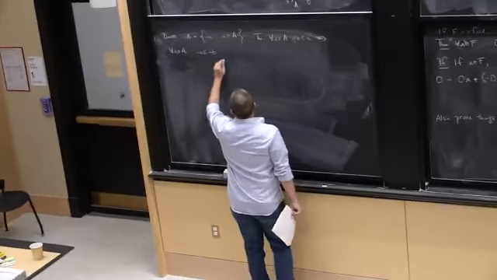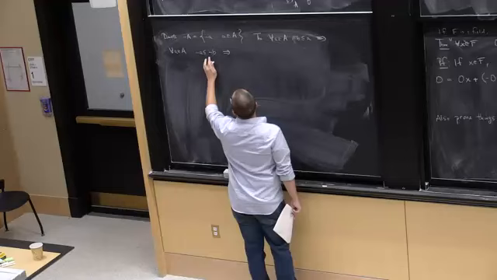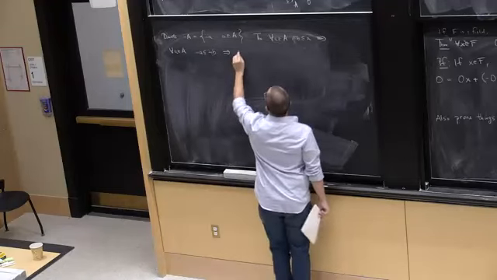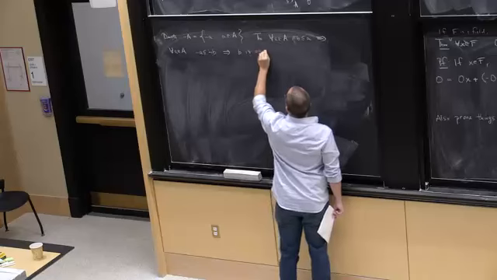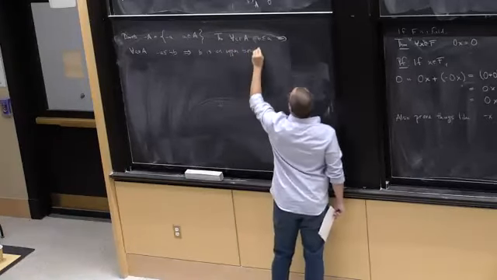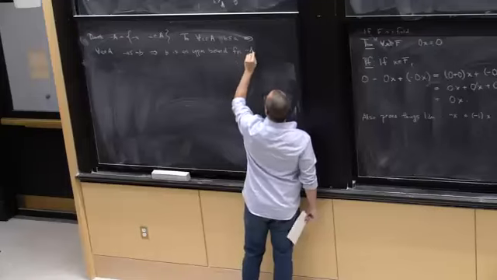Okay. That implies minus B is bigger than or equal to every element of minus A. So that implies minus B is an upper bound for the set minus A.